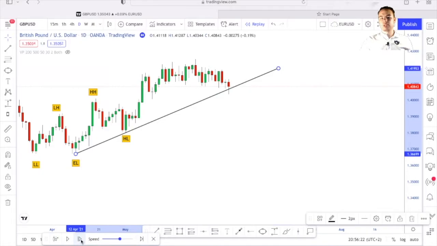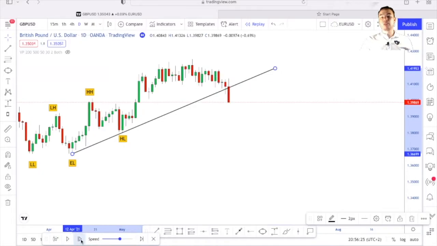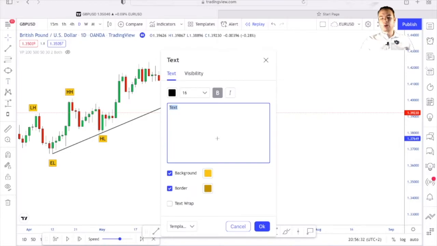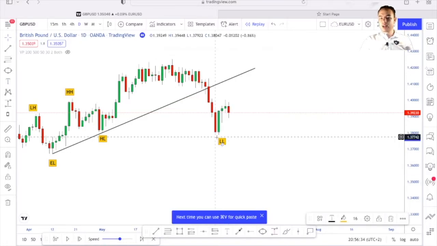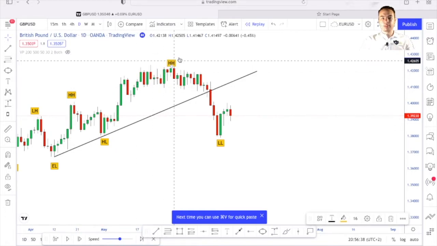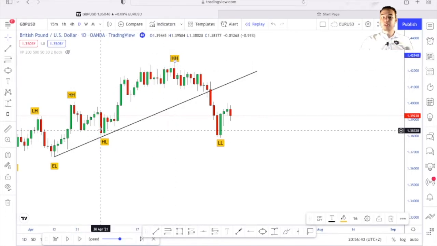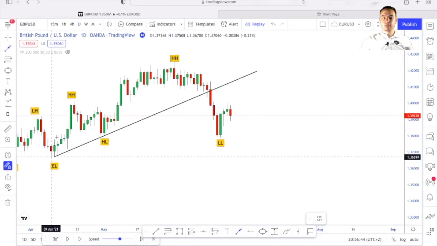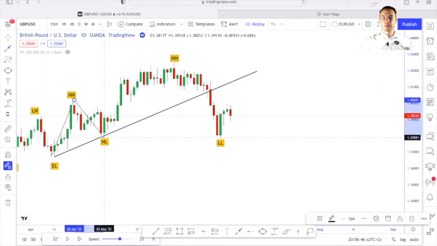Okay, boom, rejected, broke through, made a lower low. Sorry, I forgot to put this higher high here. Remember, it's the points: from this low point to that high point, from that high point to that low point.